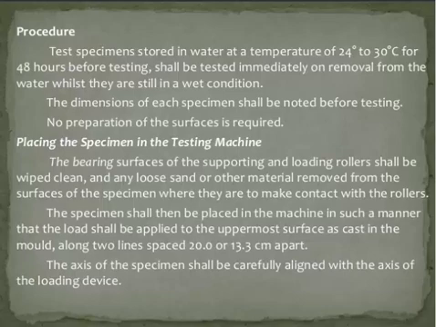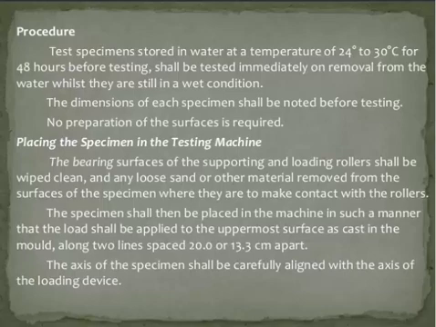The specimen shall then be placed in the machine in such a manner that the load is applied to the uppermost surface as cast in the mold, along two lines spaced 20 or 13.3 centimeter apart. The axis of the specimen shall be carefully aligned with the axis of the loading device.